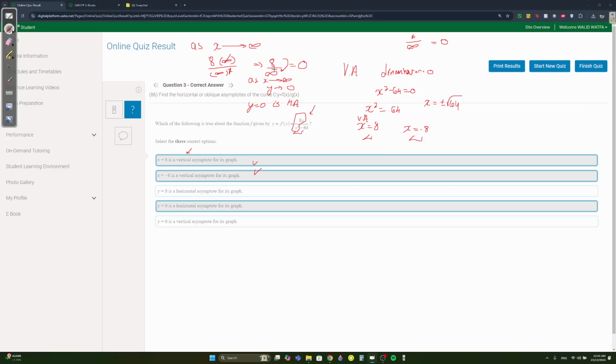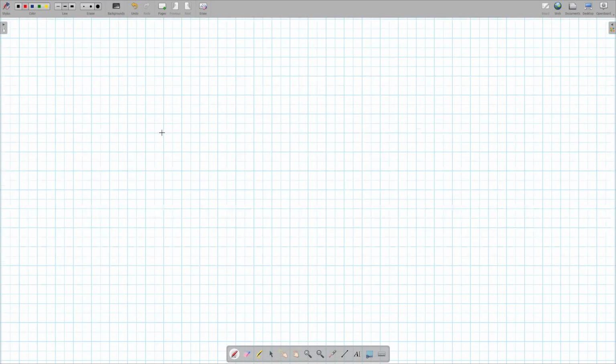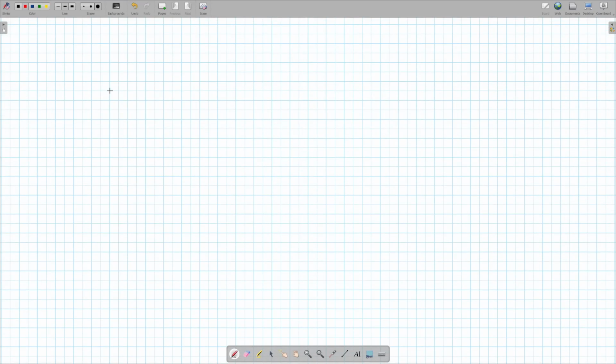Okay? And I can just give you a rule, memorize it. But because you're going to need to know how to write these for your written parts, I'm telling you from now what you write. So just take this. The rule says for any polynomial p of x over q of x, let's say p of x is equal to ax to the power of n, and q of x is bx to the power of, let's say, m.